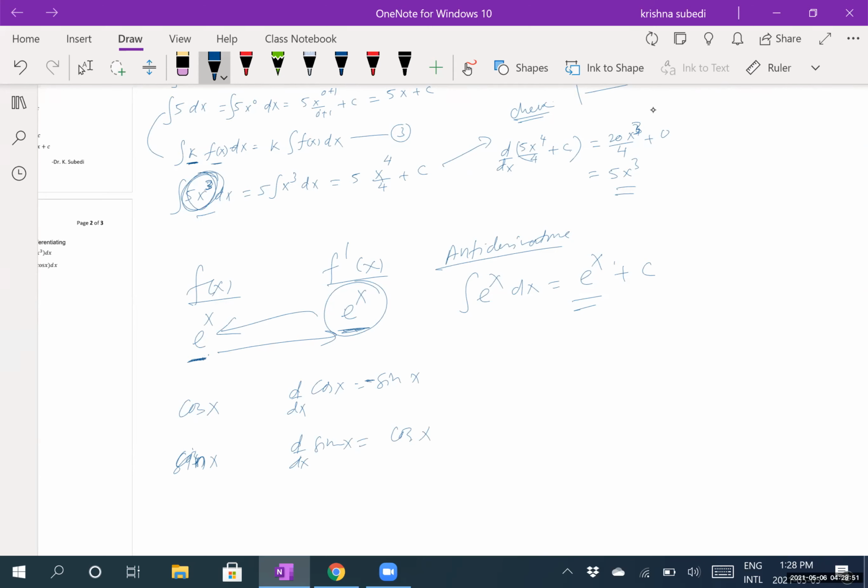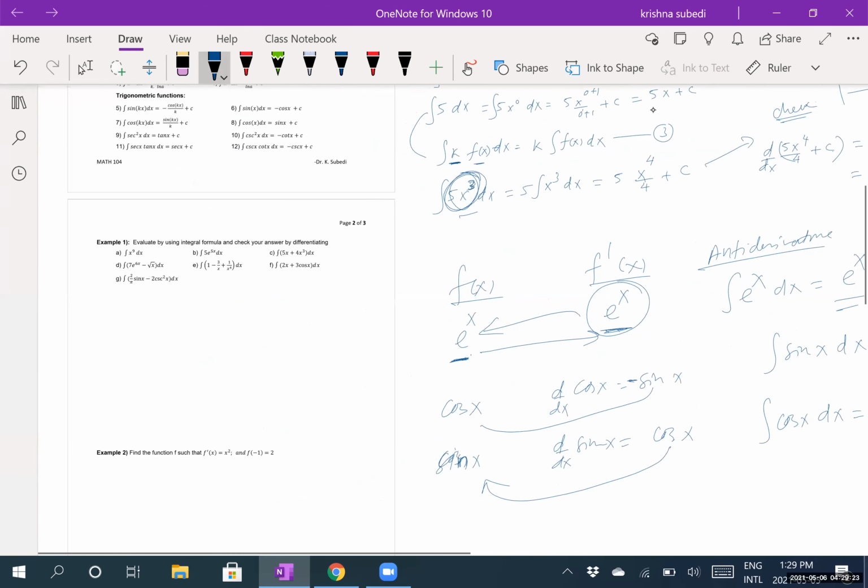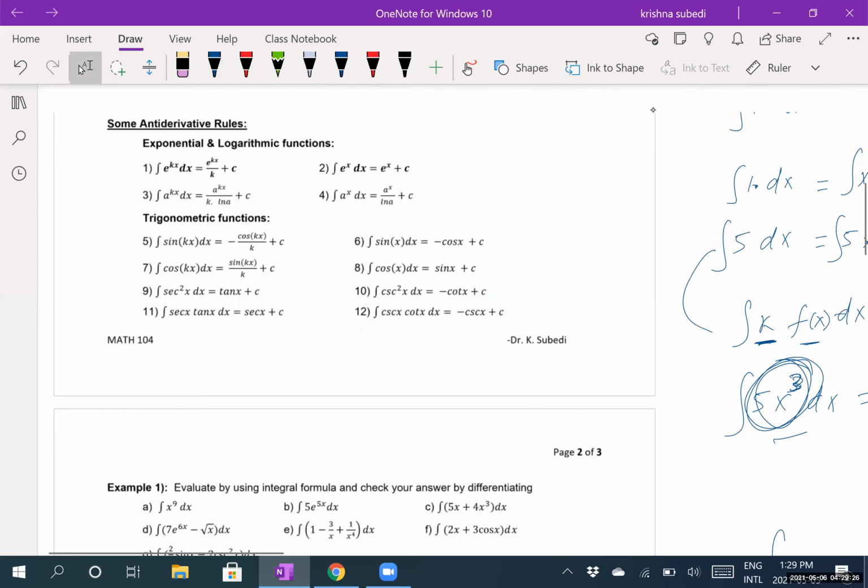So therefore, the antiderivative of cosine x should be sine x. In the same way, the antiderivative of negative sine x should be cosine x. If there is a negative sign and I want to make it positive, then the positive sine x will have a negative antiderivative, cosine x with a negative sign. Okay, so that's how you can develop the formula. So here is the list of formulas for you guys.